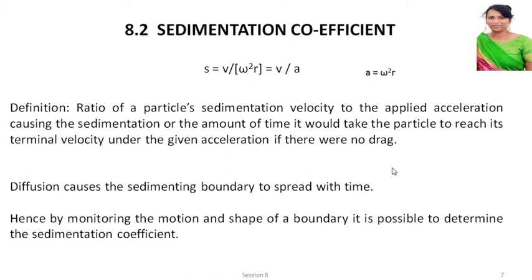Let us go through this definition once again. Sedimentation coefficient is the ratio of a particle's sedimentation velocity to the applied acceleration causing the sedimentation, or the amount of time it would take the particle to reach its terminal velocity under the given acceleration if there were no drag.